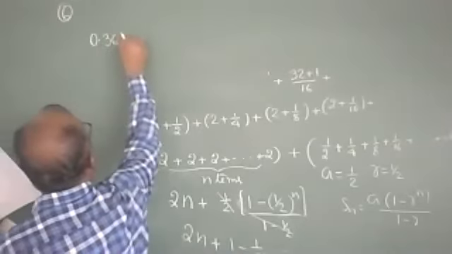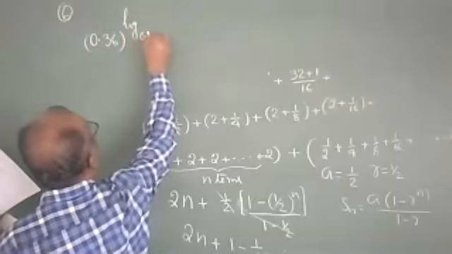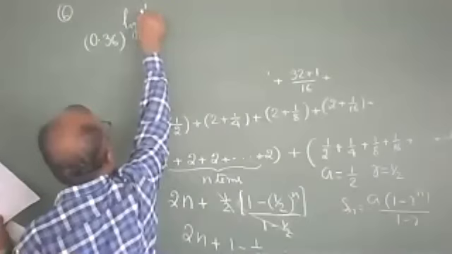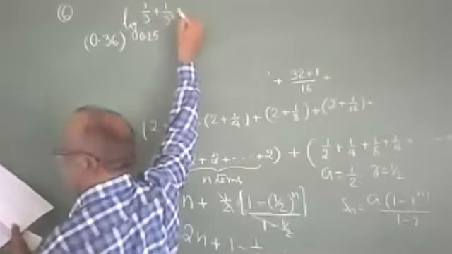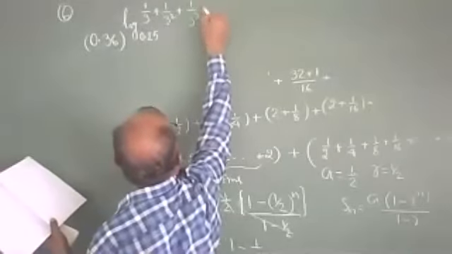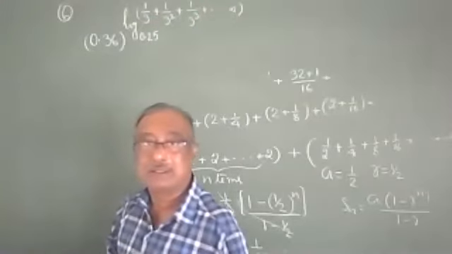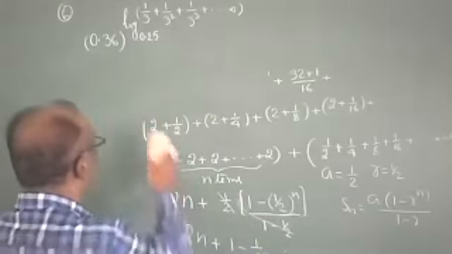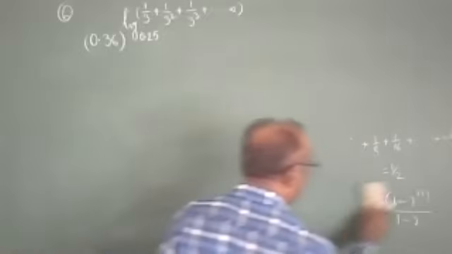0.36 to the power of log base is 0.25, number is 1 by 3 plus 1 by 3 square plus 1 by 3 cube up to infinite numbers. Okay?